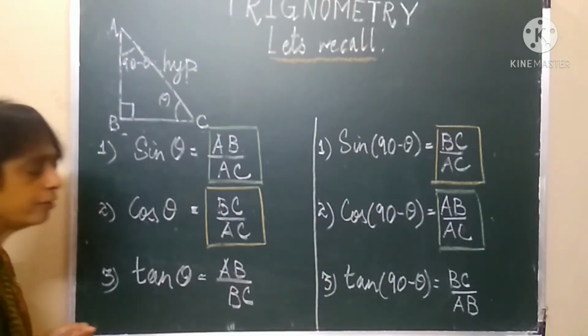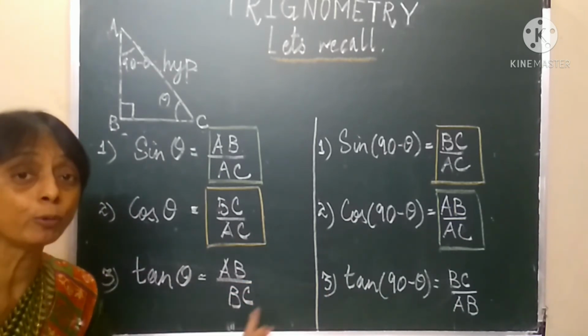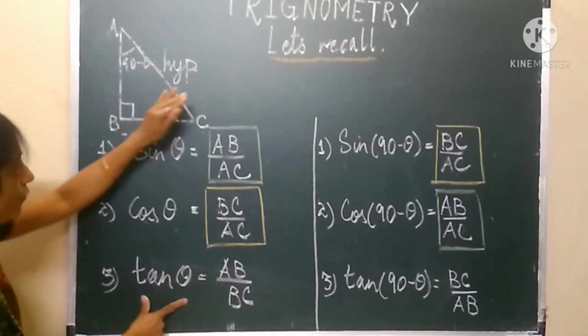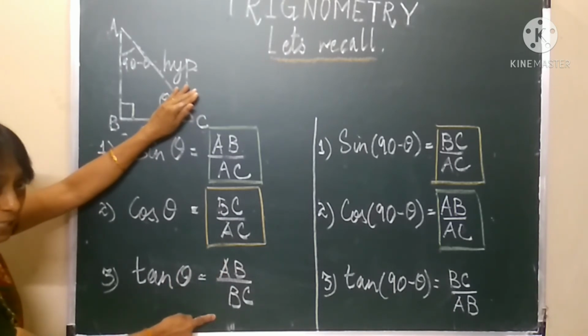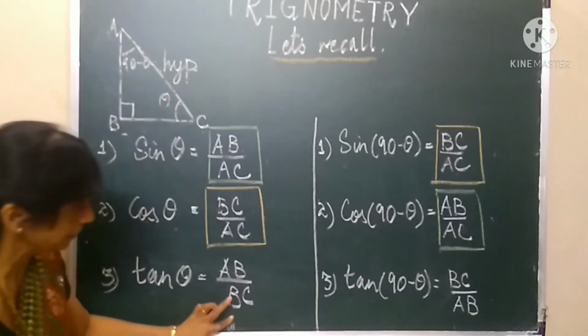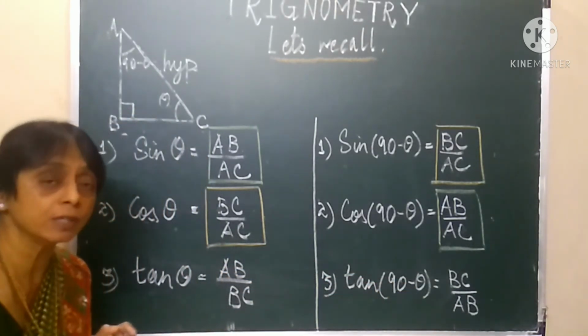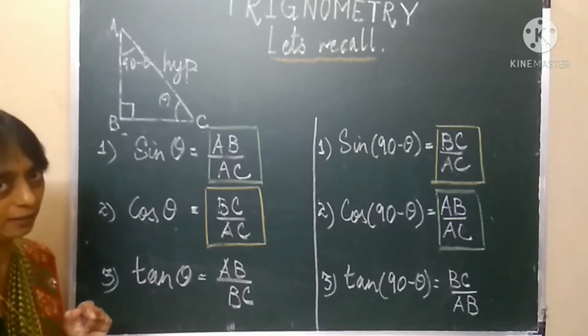And what about the tan ratios? We see that they are reciprocals of each other. If tan of one acute angle is AB upon AC, then tan of the other acute angle will be BC upon AB. That means they are multiplicative inverses of each other.